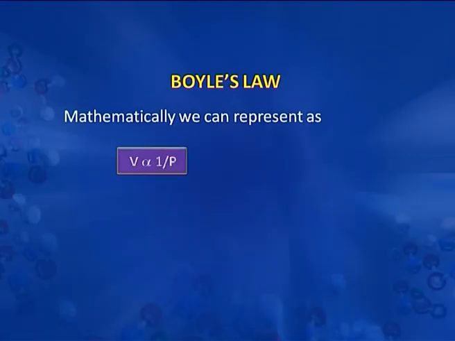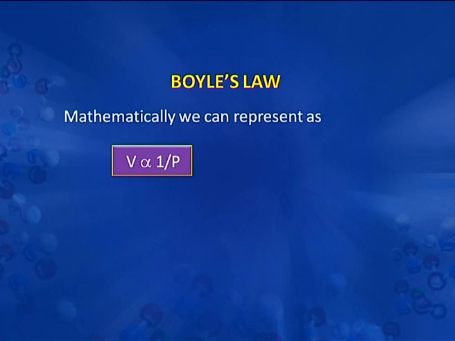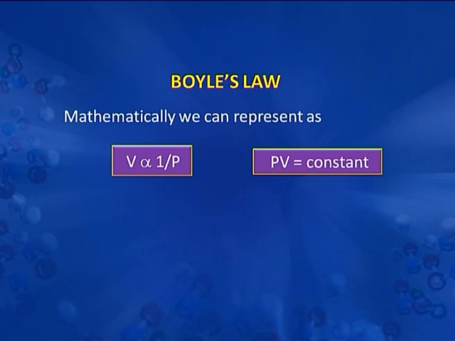Mathematically we can represent it as volume is inversely proportional to pressure, that is, V is inversely proportional to P. Now we can write it as PV equals constant.